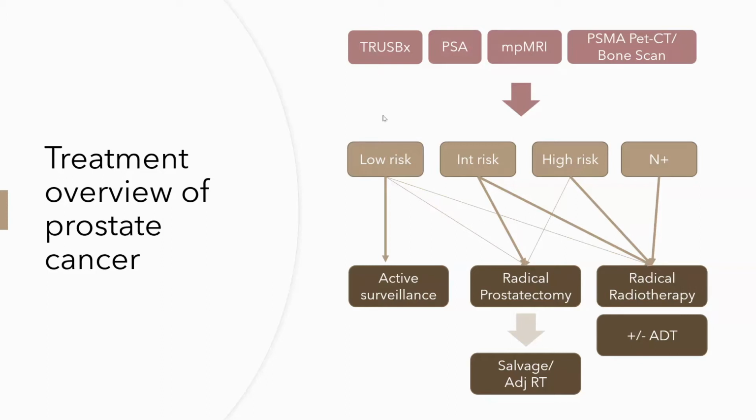For prostate cancer, the one treatment option that fits practically every single category of non-metastatic disease is radiotherapy. So radical radiotherapy can be used as a curative treatment option, starting from low risk to intermediate risk to high risk to node positive, as well as post-operative treatment.